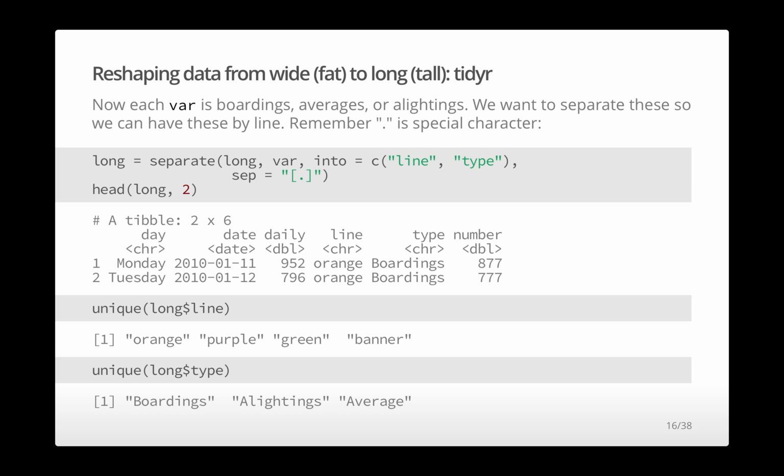So separate will do that for us. So we can give it a separator. In this case, using a period is not that smart because periods are special, and what separate does is it treats these things as a regular expression.